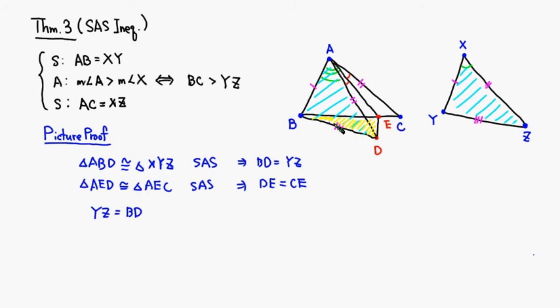By looking at this triangle, BD is going to be smaller than the sum of the other two sides, so BE plus ED.